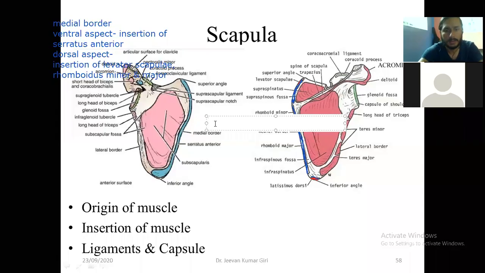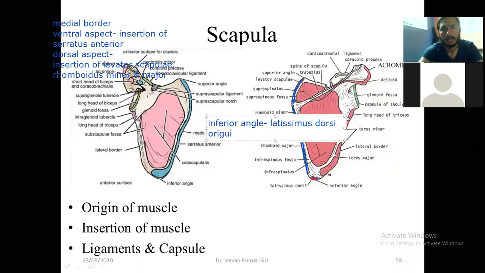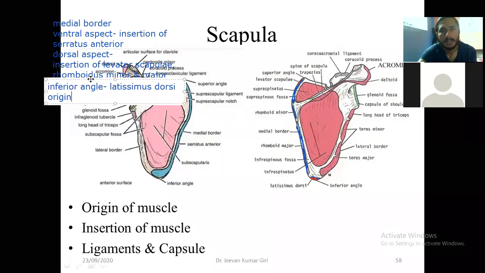In the inferior angle there is the origin of the latissimus dorsi muscle. Just remember this thing.